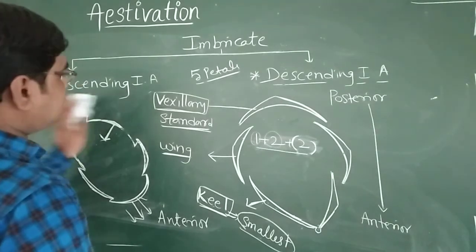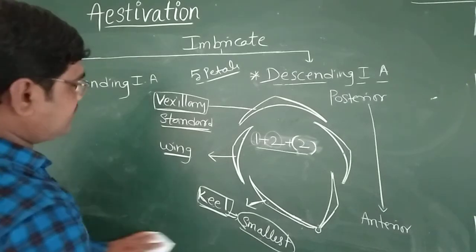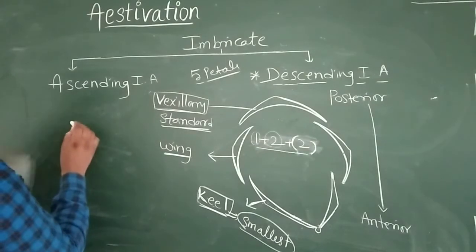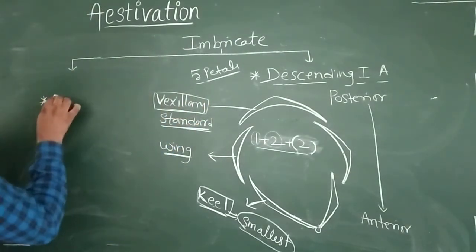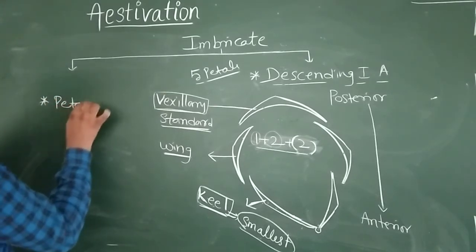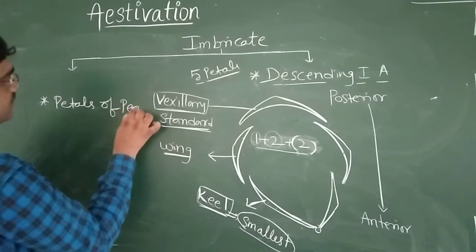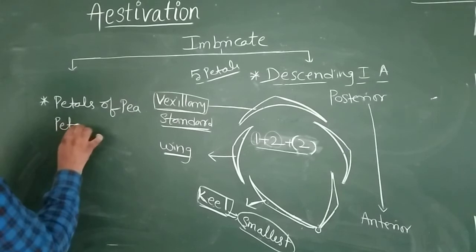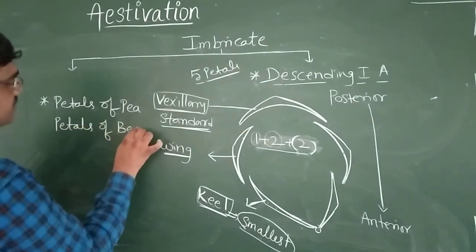Okay? So this is the descending imbricate aestivation. What are the examples of descending imbricate aestivation? Petals of the pea plant, or one more example, petals of bean flowers.